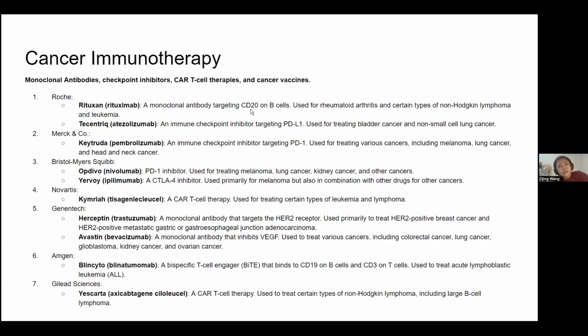Under cancer immunotherapy, they like to focus on inhibiting the PD-L1 checkpoint, and they will use a lot of CAR T cell therapy, and they will also design lots of monoclonal antibodies that inhibit some types of receptors. If you're interested in some of them, you can go look at them.